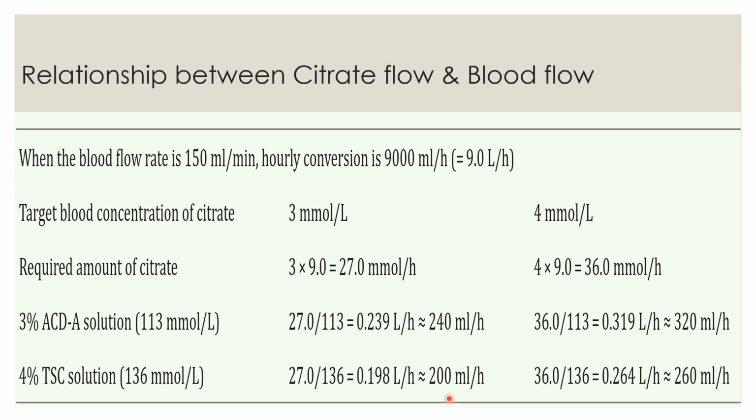Similarly, we can calculate the dose of citrate anticoagulant if the target concentration of citrate is more than 3 millimole per liter by the same method. To achieve the ideal anticoagulant strength, the ratio of 3% ACD solution to blood flow is about 1.6 to 2.13.